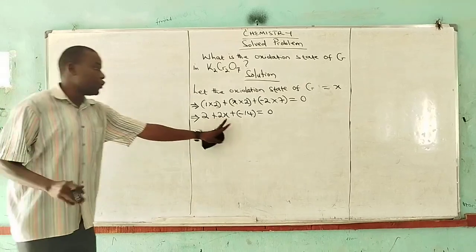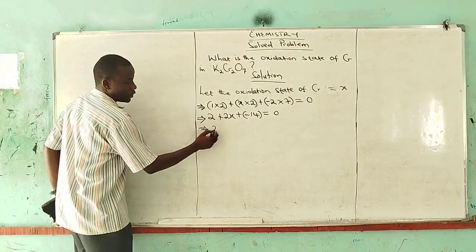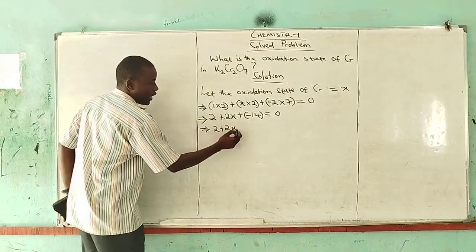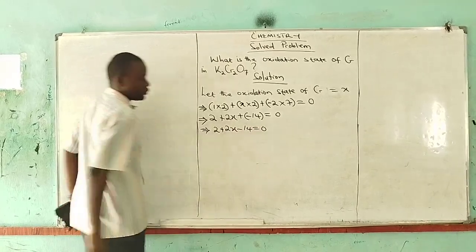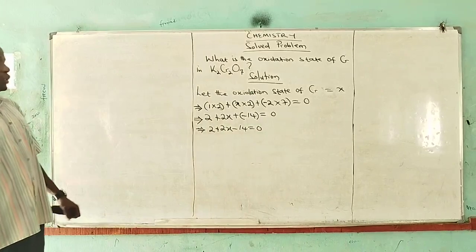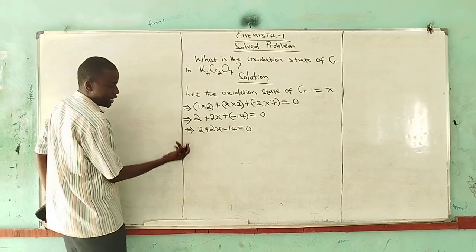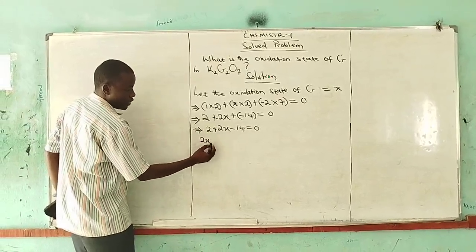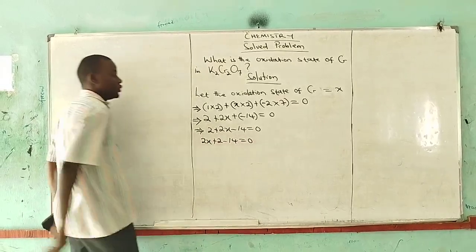So we are solving for x. We have 2 plus 2x, plus times minus is minus 14, equal to 0. We can rearrange: 2x plus 2 minus 14 is equal to 0.